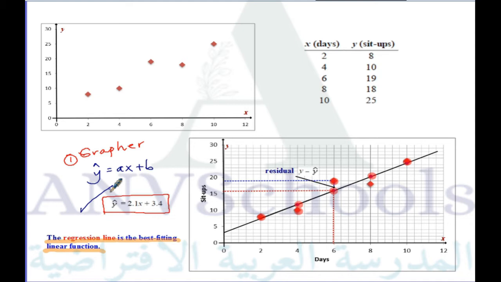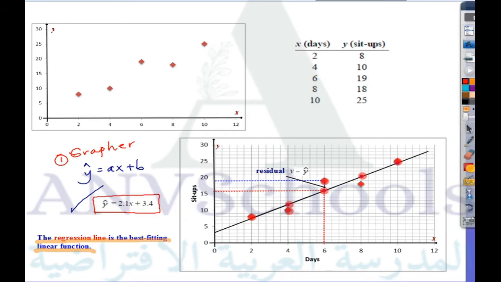Now, how did the grapher do that? Well, first, it assumed a best fit line which runs through these points. And of course, when you run a line through those points, according to your grapher, it will somehow miss those other points.